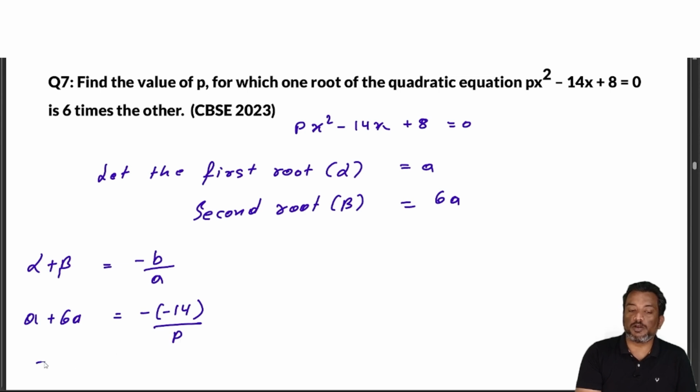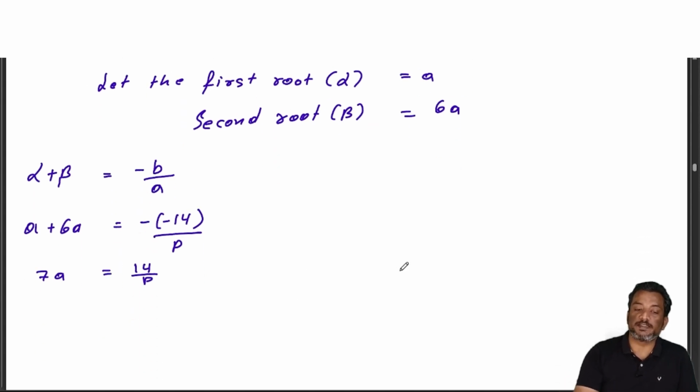Okay, now you can solve. 7a is equal to 14 over p, so a is equal to 14 over 7p, which gives 2. So a is equal to 2 over p.